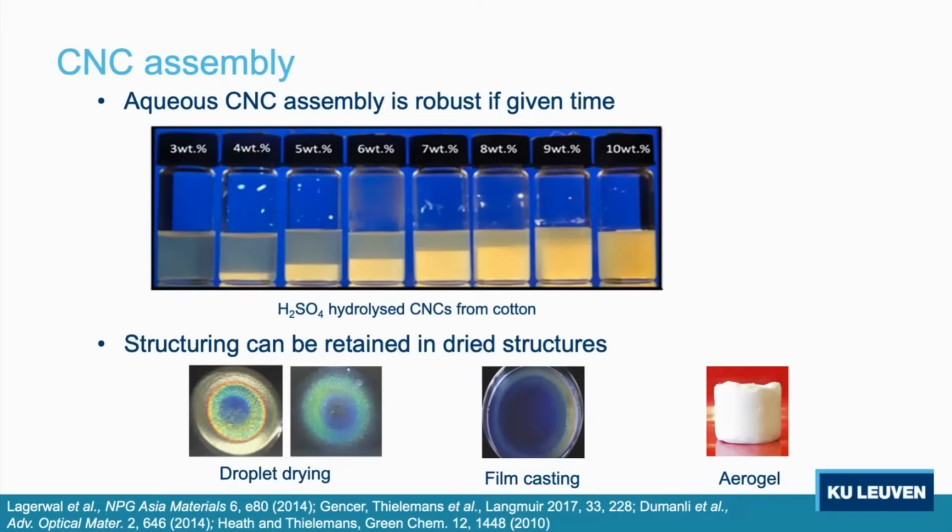It starts refracting light, and you can generate color without using any colorants, purely because of the preferential diffraction of light. You can do it via droplet drying, you can do it via film casting. You can make 3D structures via hydrogen bonding interactions and then dry them into aerogels. These are things that we can always do, and it's very robust and very reliable.